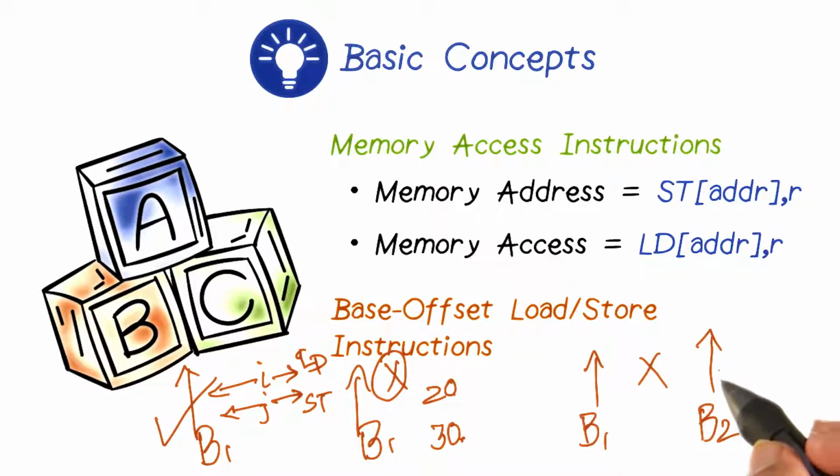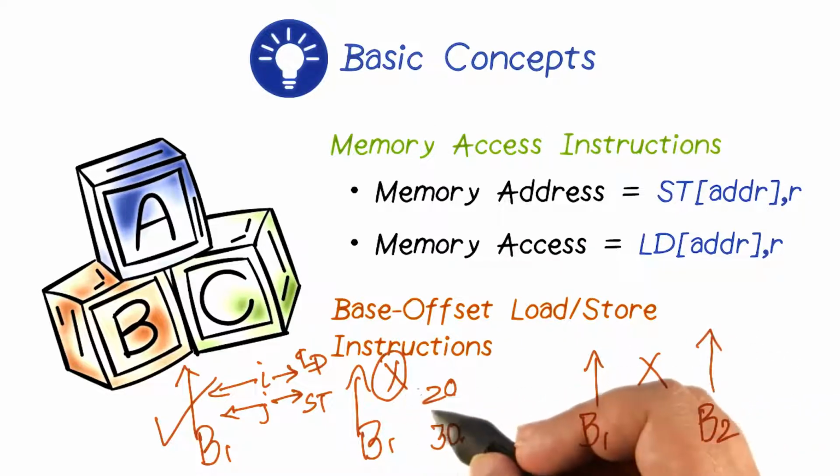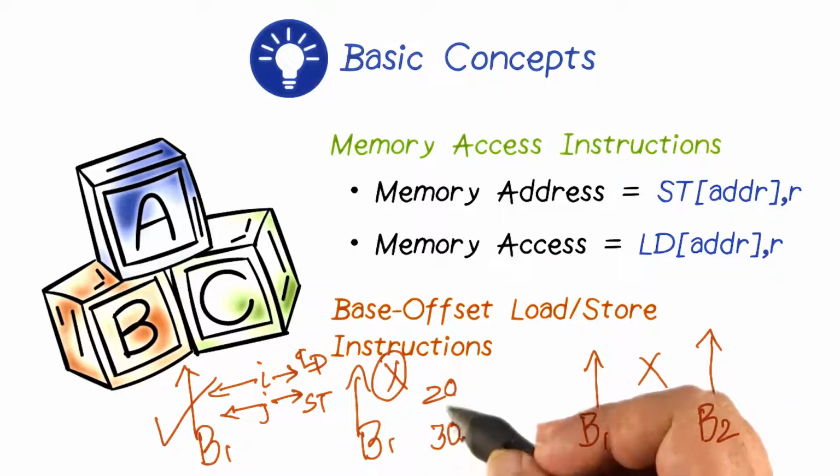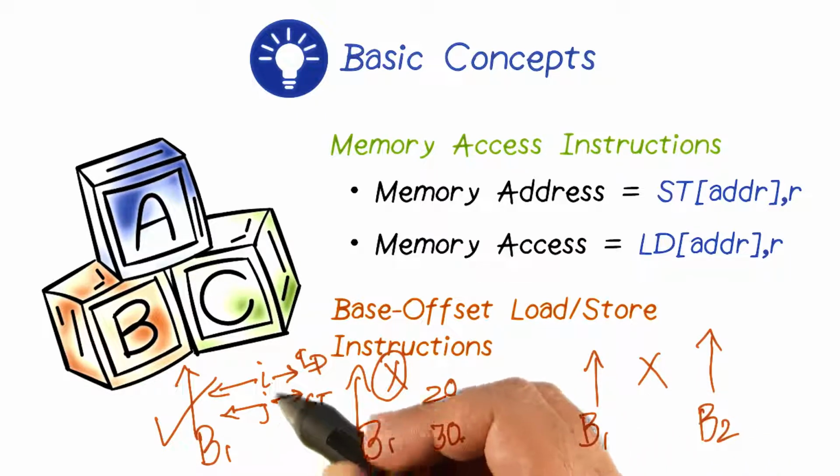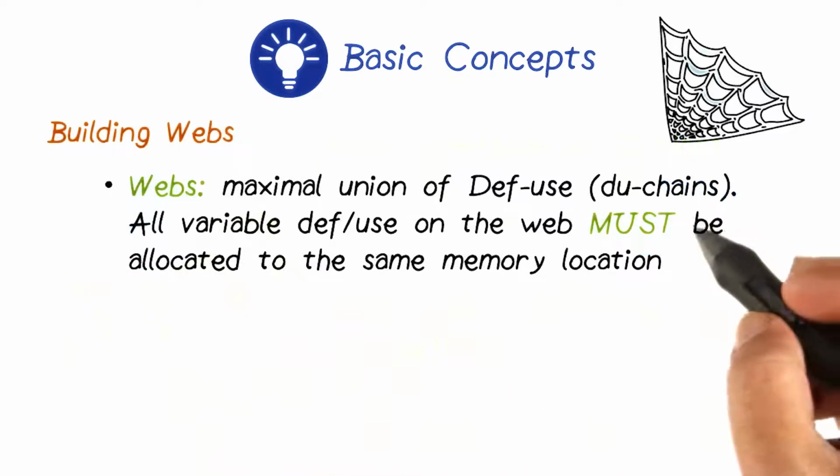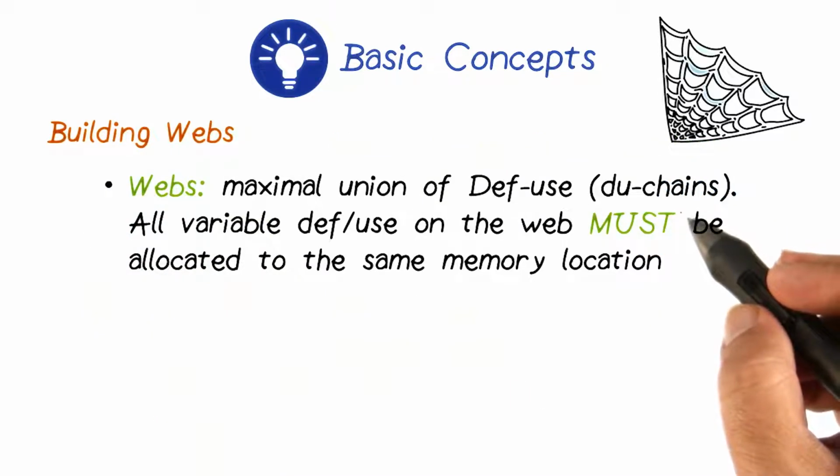In such cases, this load and that store could be moved across each other, and in this case as well, these two loads and stores can move across each other, but in this case they cannot because they could potentially violate the program semantics. And remember what has happened prior to this, the register allocation has already taken place, the load stores are in place.